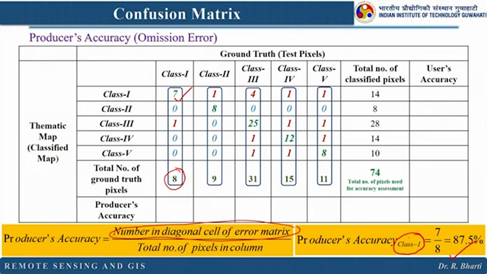For class 2 producer's accuracy, you take the diagonal element, so that will be 8 divided by 9 because that is the total pixels. In class 3, it will be 25 by 31. In class 4, that will be 12 by 15. In class 5, it will be 8 by 11, right. So, that will give you class-wise producer's accuracy.